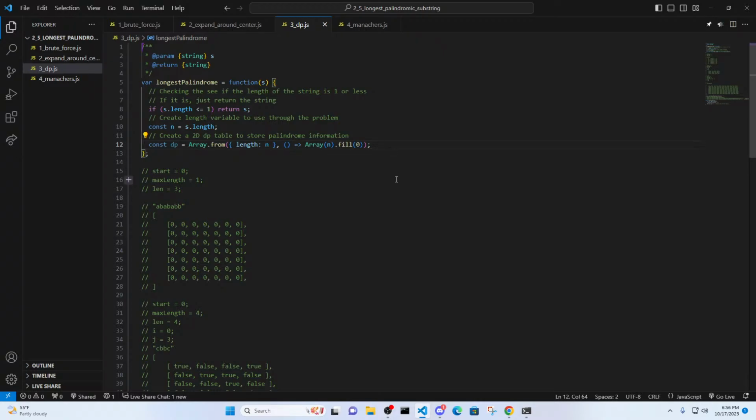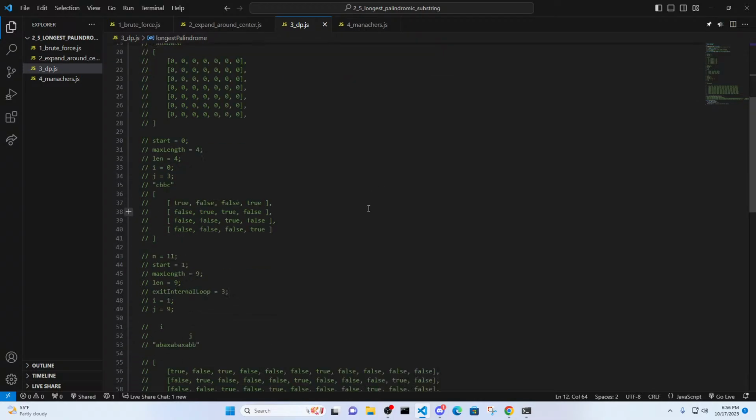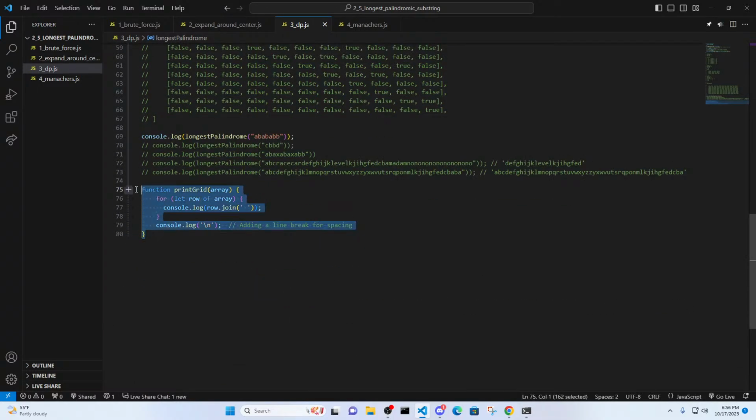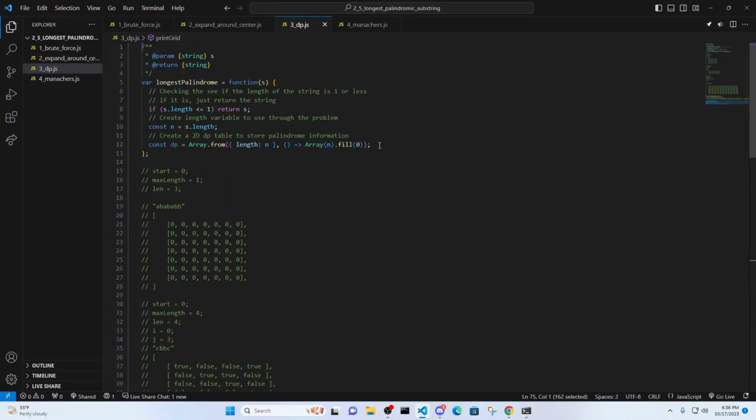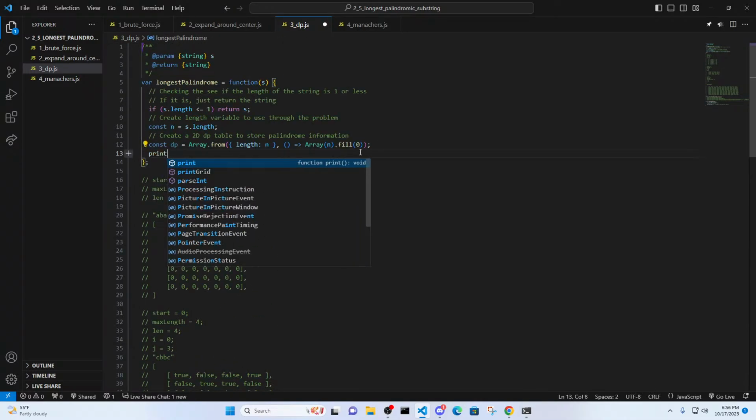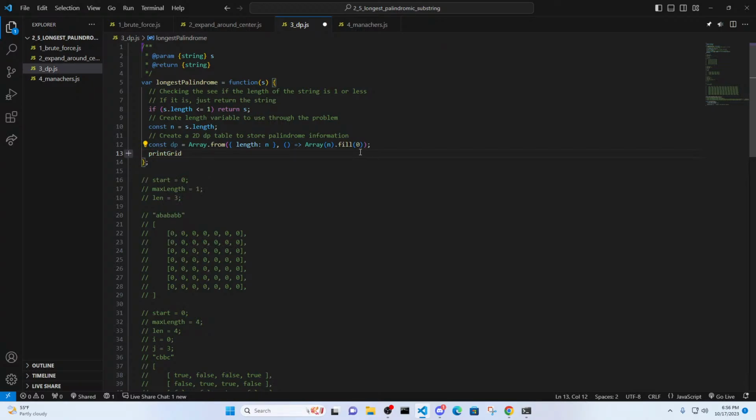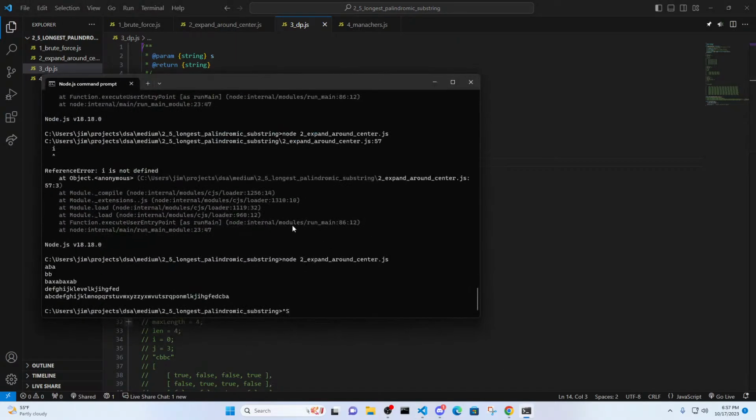So now I'll go ahead and, actually, I had a function. Do I have that function in this file? Yeah, okay, printGrid. Perfect. All right, so this makes it way cleaner. So we'll go ahead and do printGrid here, and we'll pass in our dynamic programming grid. And let's just see what it looks like now.